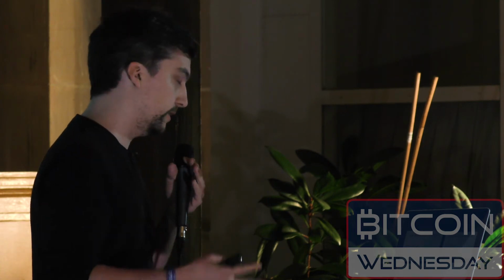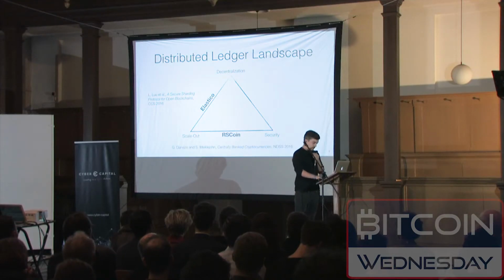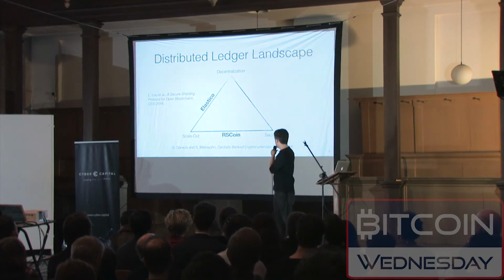And for that you need an atomic commit protocol to be able to send transactions from one shard to the other. Otherwise it might happen that your transactions hang forever and your funds get lost.